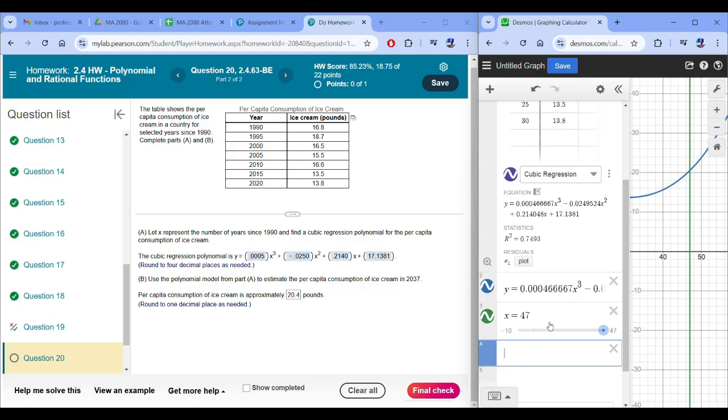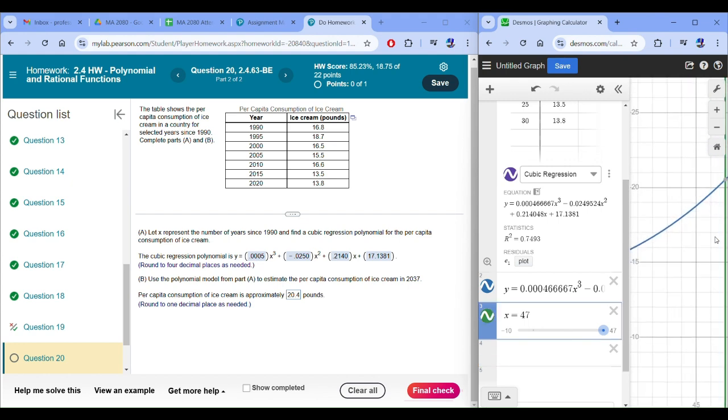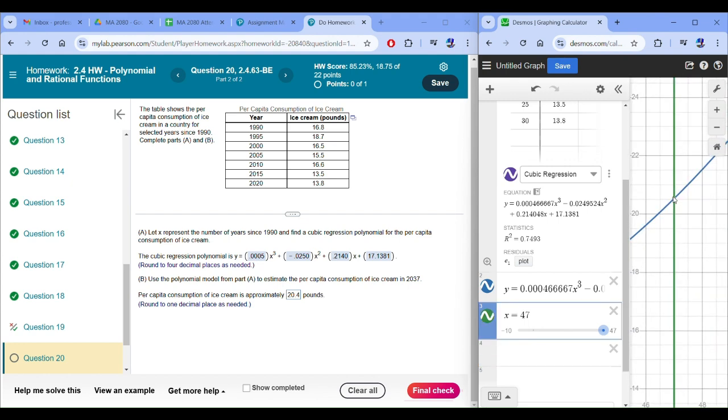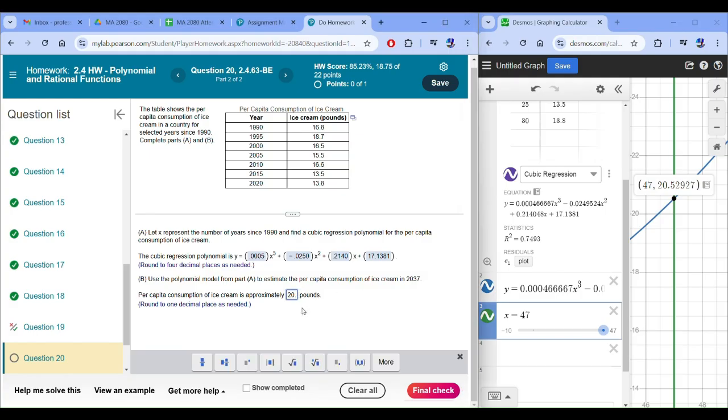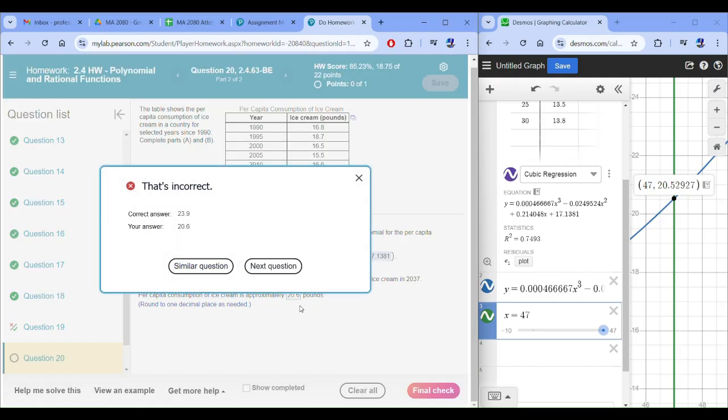Yeah, that's the equation. X equals 47. I'm getting the same. 20.5. 20.6? 23.9.